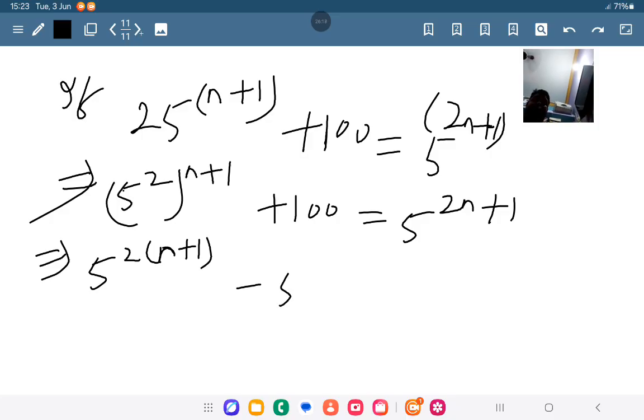So it will be minus 5 to the power 2n plus 1, that is equal to minus 100.